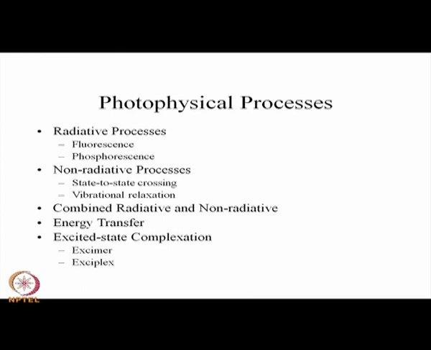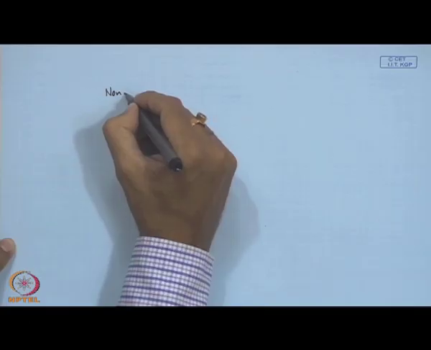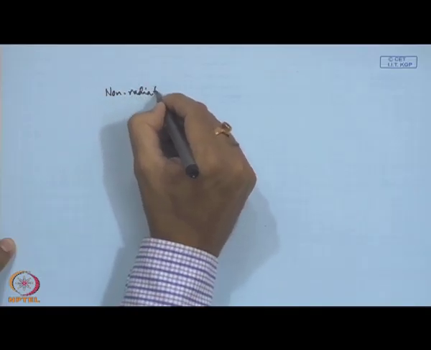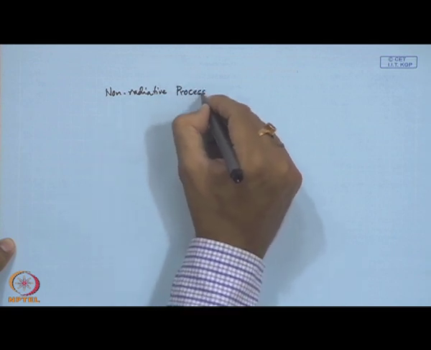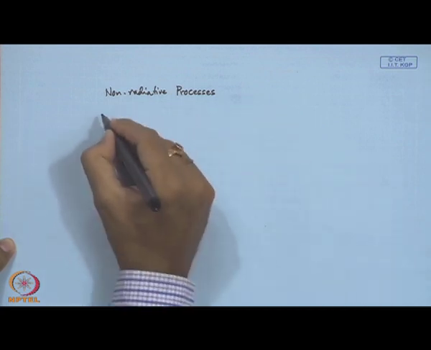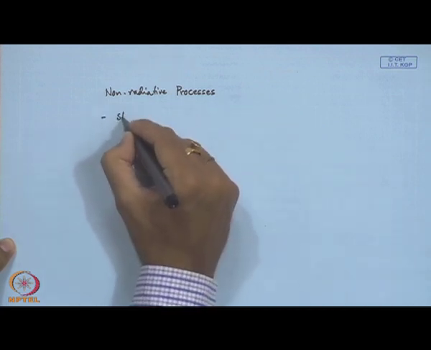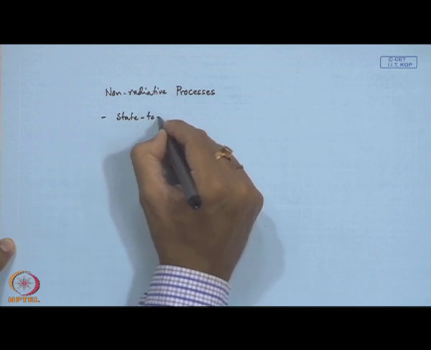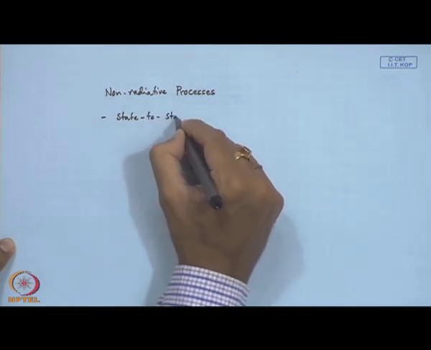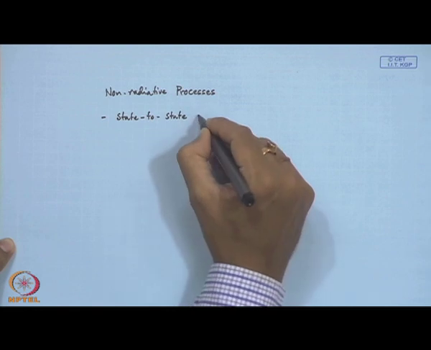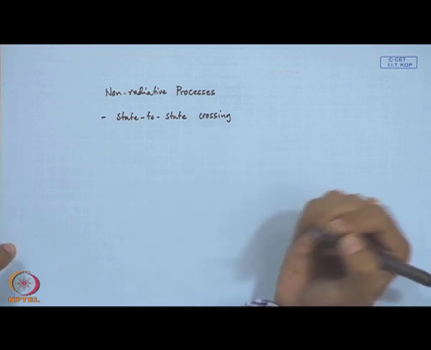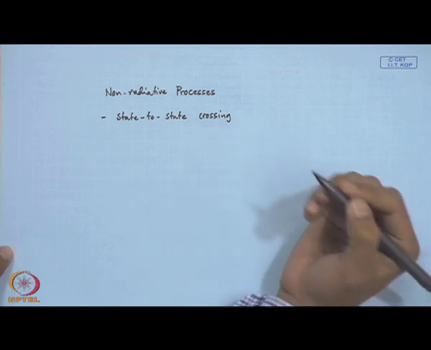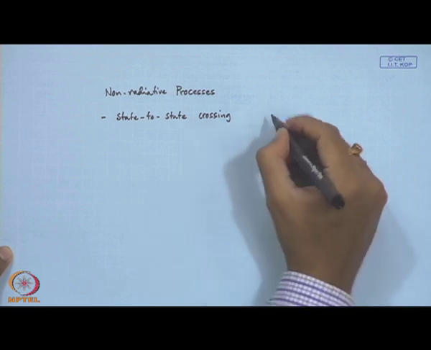Basically, non-radiative processes are also photophysical processes. One is state to state crossing, that is crossing from one state to another, maybe singlet to singlet or singlet to triplet.